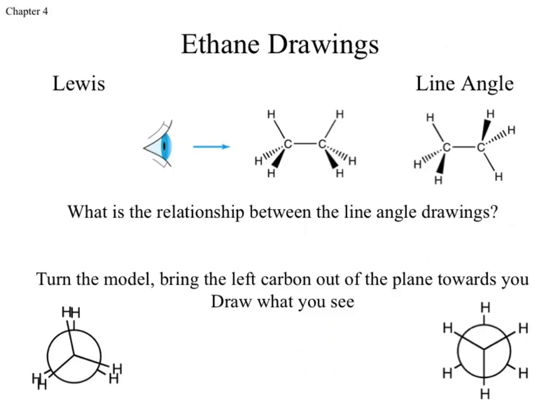okay, because I did the left one 100% correctly. Where is the red carbon in the leftmost drawing? It's got to be the front atom. Where's the front atom in that structure? It is the dot right in the middle.